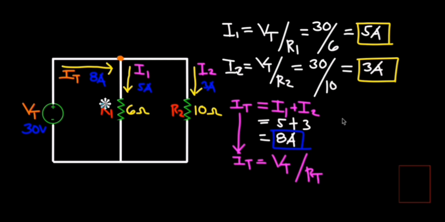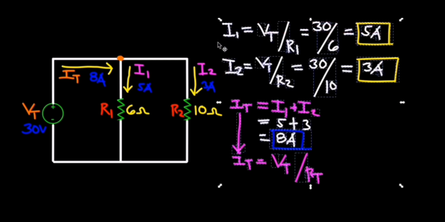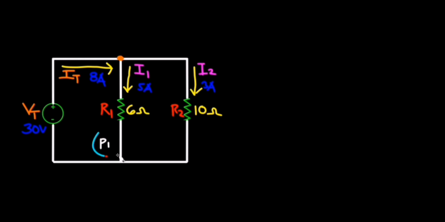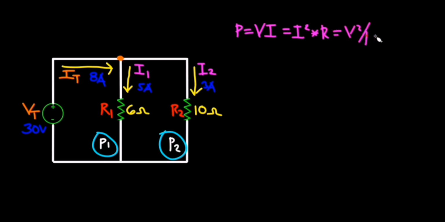Next is to solve how much power is absorbed by each of the resistors, labeled as P1 and P2. Power can be solved by V times I, I squared times R, or V squared over R. So for P1, we will use Vt times I1.